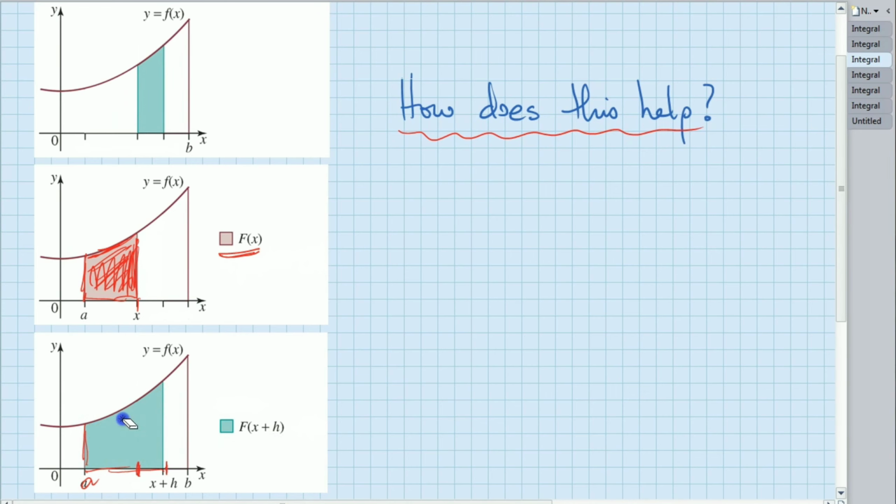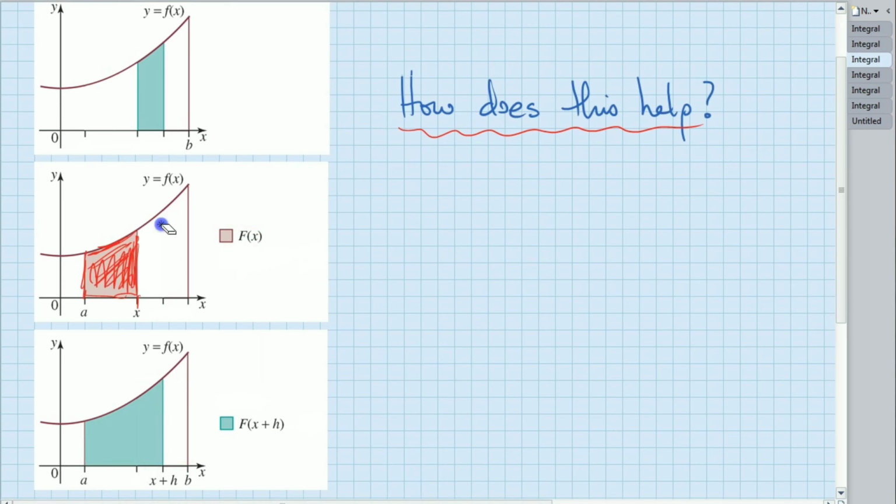And it should be reasonably obvious now that the difference between these two areas, this smaller area and this larger area, is exactly the area that I want.